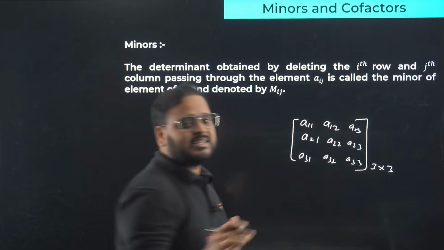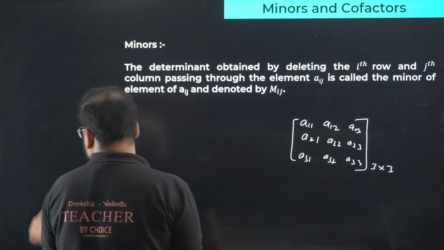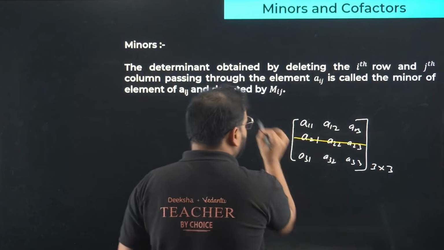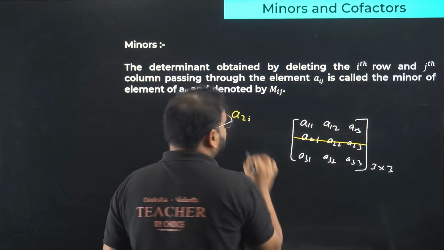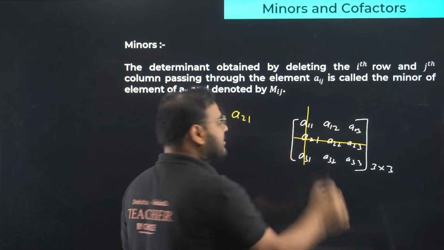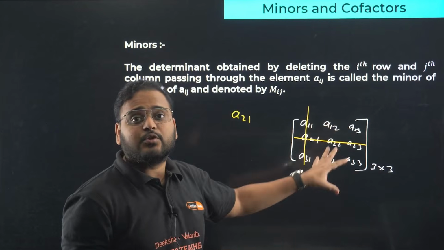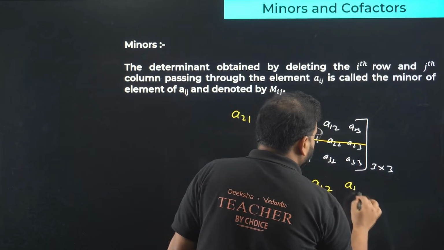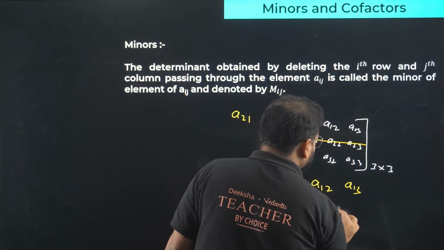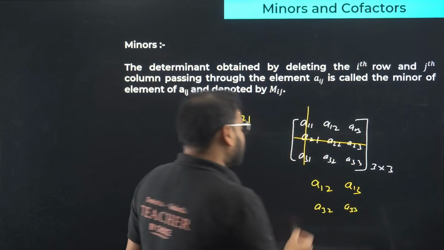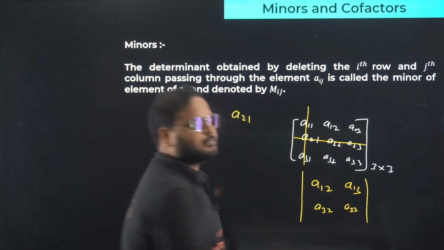When I say minor of a21, basically remove the second row and the first column, because I'm talking about the minor of the element a21. The remaining elements that you have, put them in a matrix: a12, a13, a32, and a33. Then find the determinant value of this.